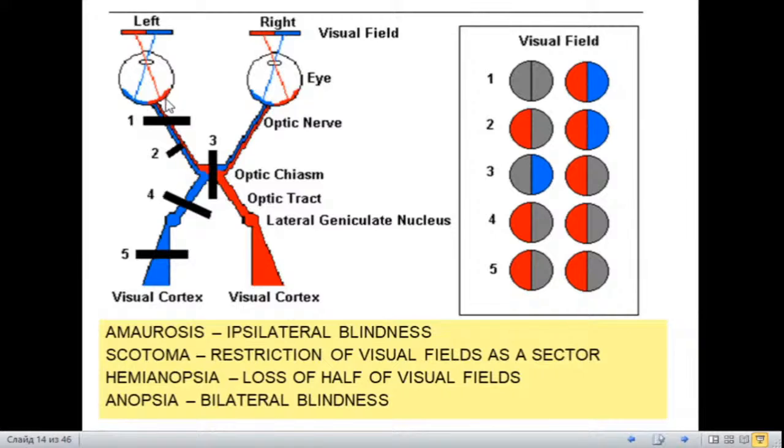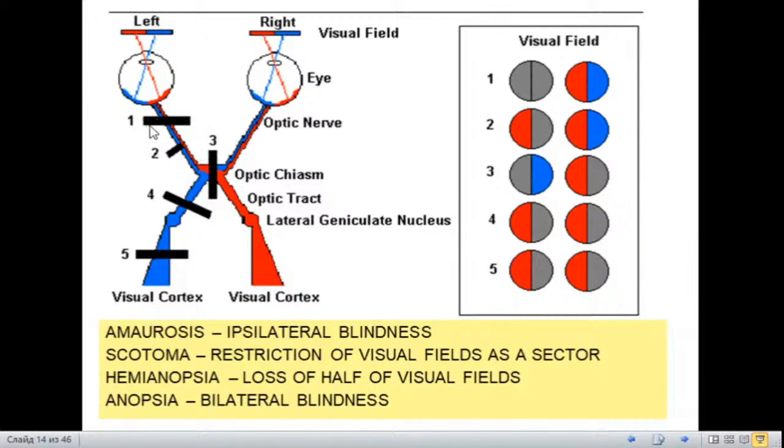And you have to know that the image is formed vice versa on the retina, so the medial half of the retina gets information from the temporal visual field, and the lateral half of the retina responds for the nasal visual field.